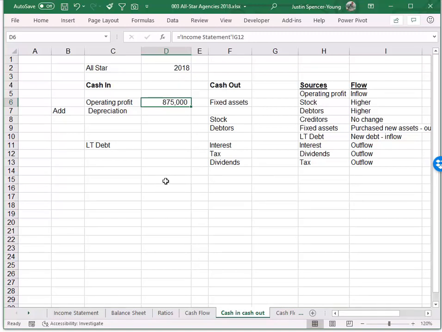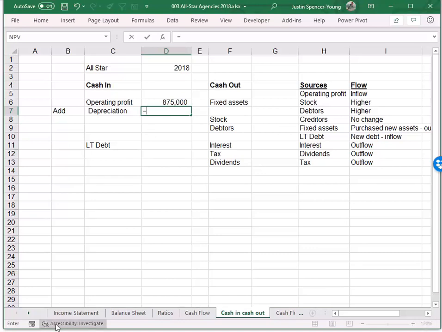Now remember, that operating profit has had the depreciation deducted, even though depreciation is not an expense that gets paid to someone. We refer to it as a non-cash expense. So if it actually hasn't been paid out of the business, we need to add it back here so that we get what we might call the cash from operations.